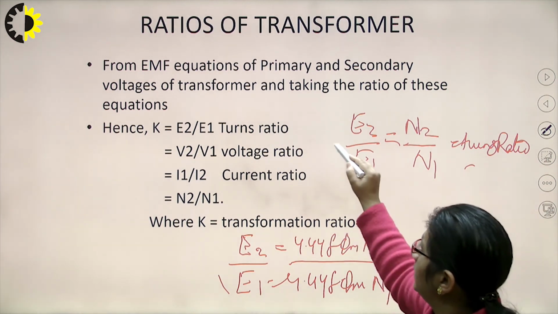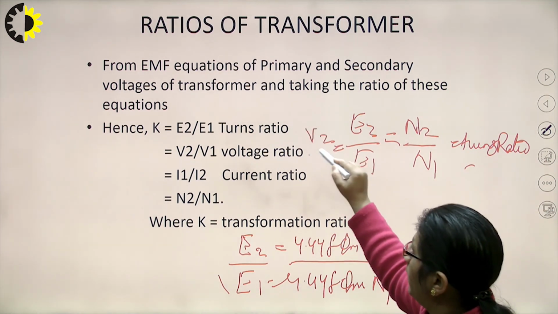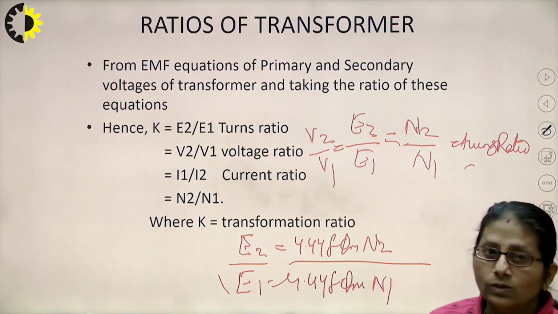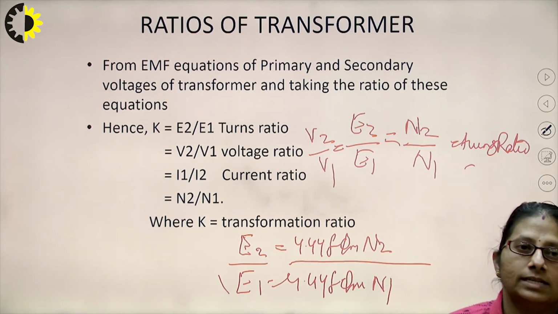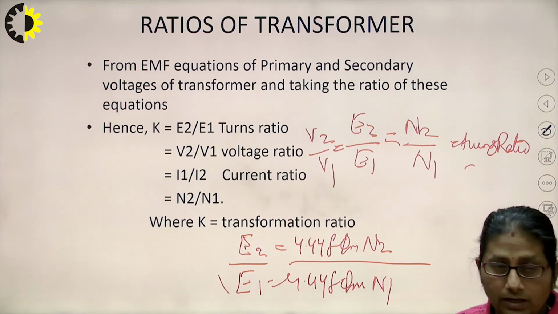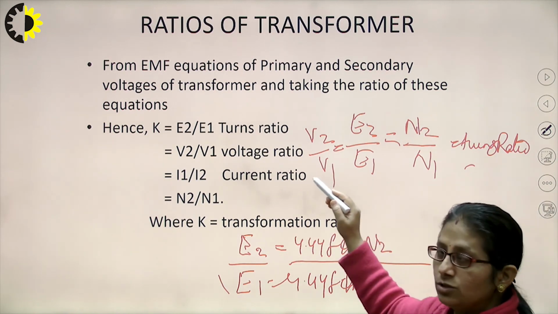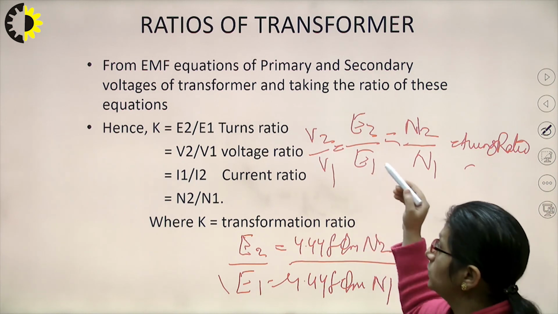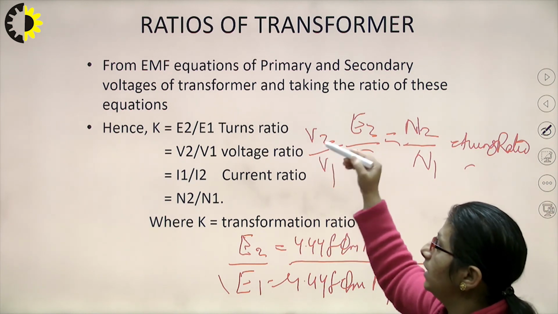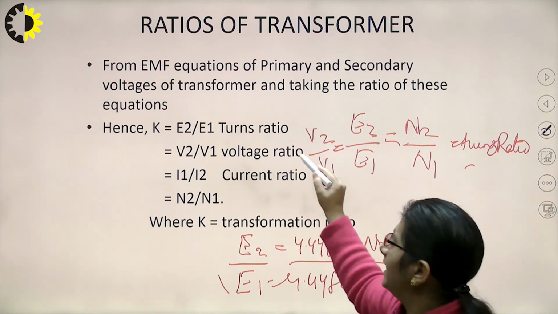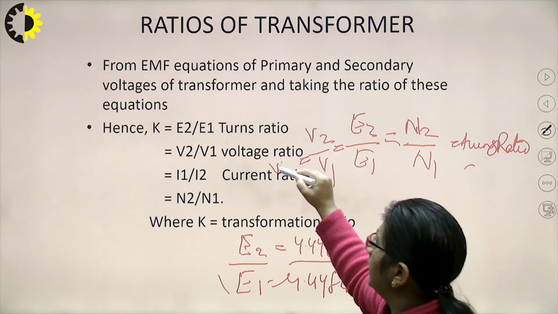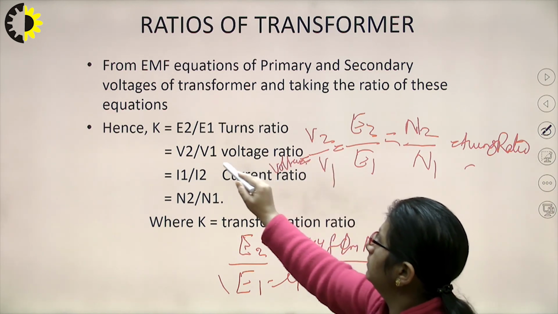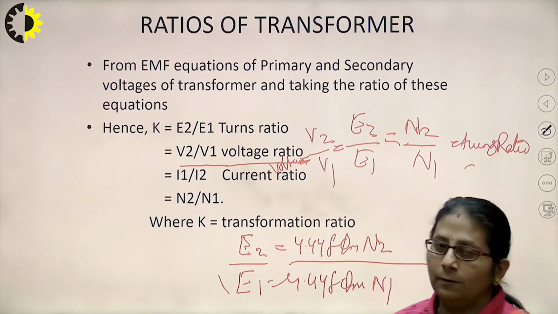Similarly, I can even give this as V2 by V1. What is V2? V2 is the terminal voltage occurring across the load, right, and V1 is the supplied voltage, and we know that E2 is almost equal to V2, and E1 is almost equal to V1, so I may even take V2 by V1 as the voltage ratio.